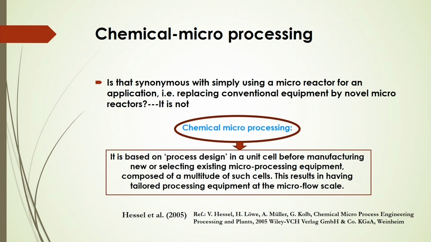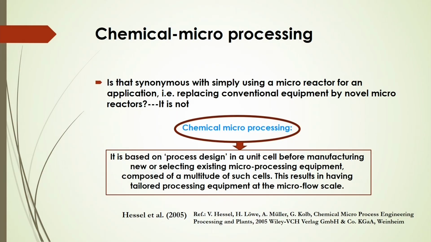No, it is not, because chemical microprocessing is generally based on process design in a unit cell before manufacturing new or selecting existing microprocessing equipment that is composed of a multitude of cells. This results in having tailored processing equipment at the microflow scale.